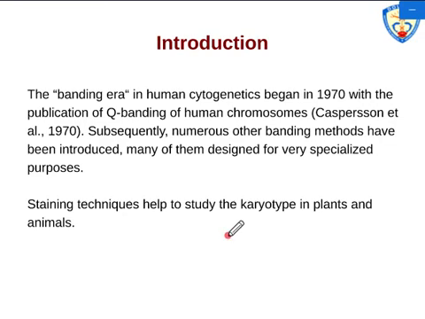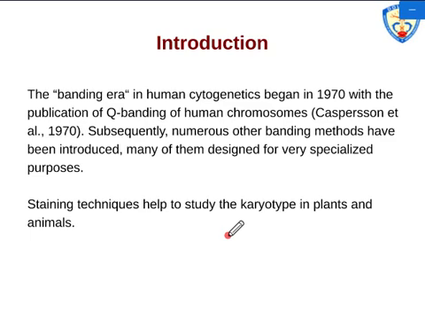The banding era in human cytogenetics began in 1970 with the publication of Q banding of human chromosomes. Subsequently, numerous other banding methods have been introduced, many of them designed for very specialized purposes. Some techniques make variations in certain chromosomal segments visible, thus allowing determination of the parental origin of a particular chromosome.